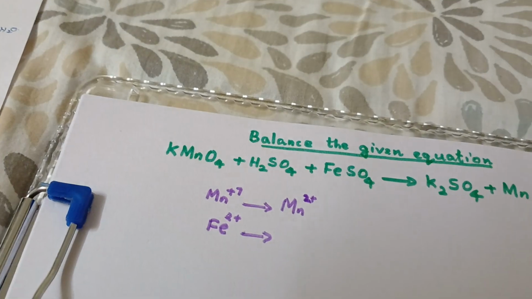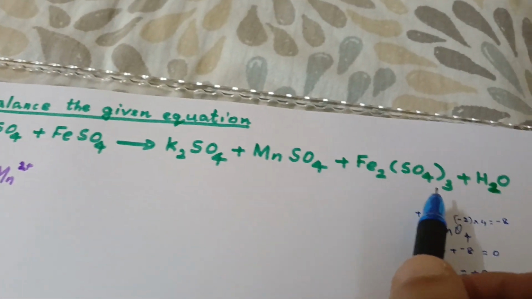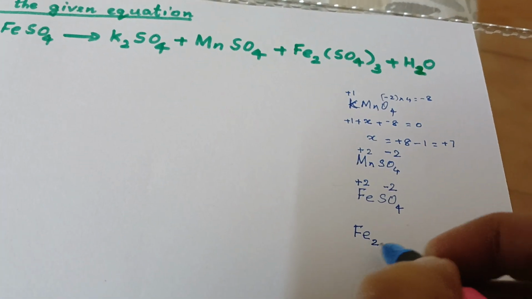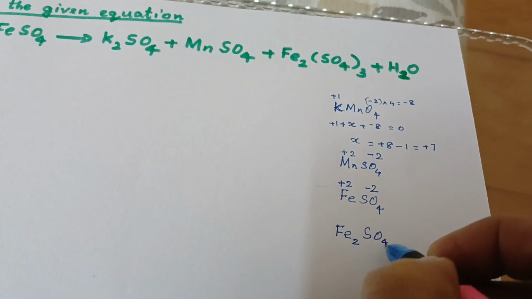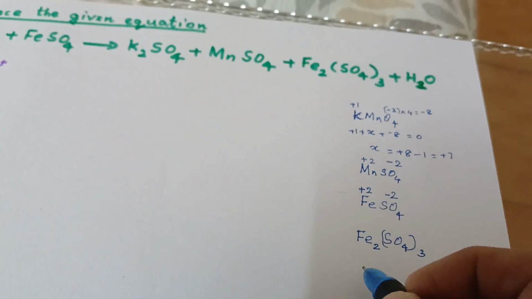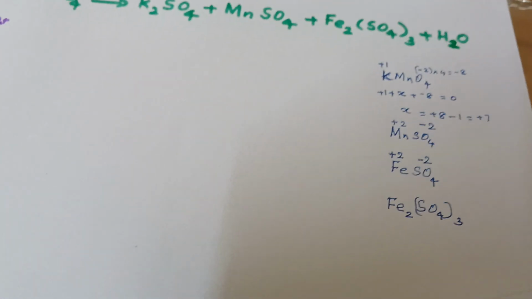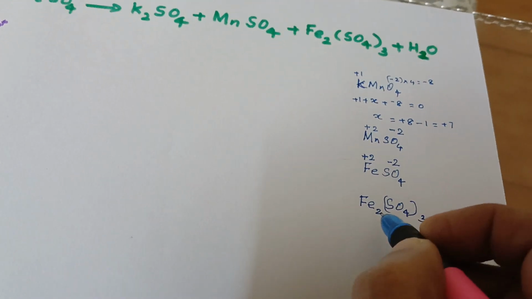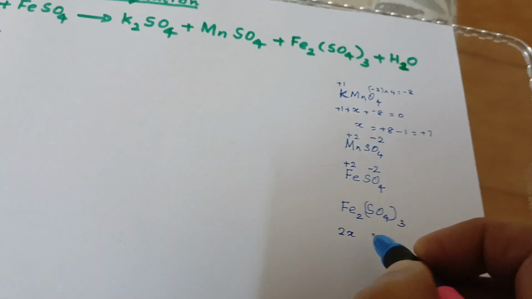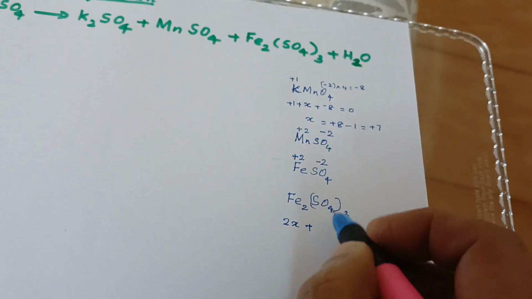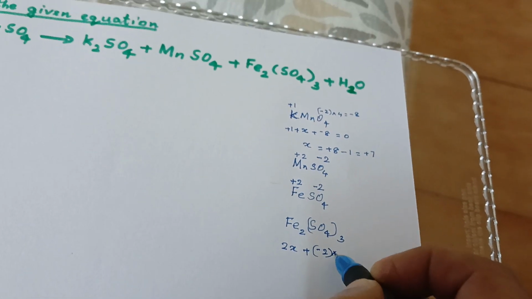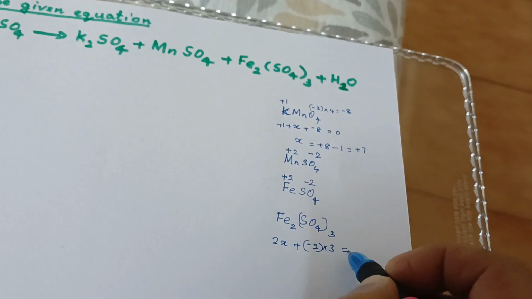giving, what about Fe2(SO4)3? Fe2(SO4)3, 3 times. So let x be the oxidation number of Fe. There are 2 Fe atoms. So 2x plus SO4 is -2, -2 into 3, 3 SO4, equal to 0.